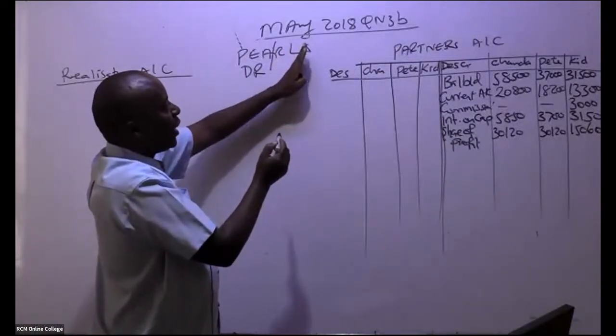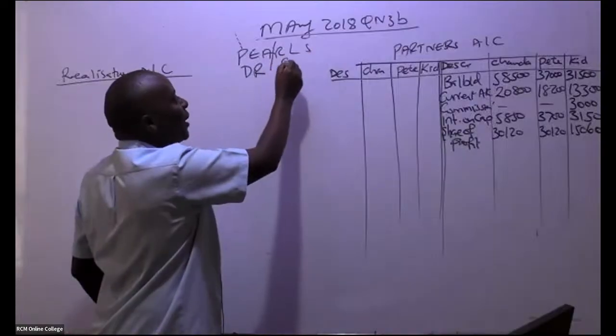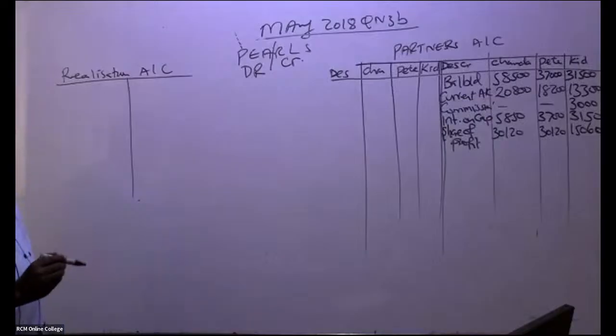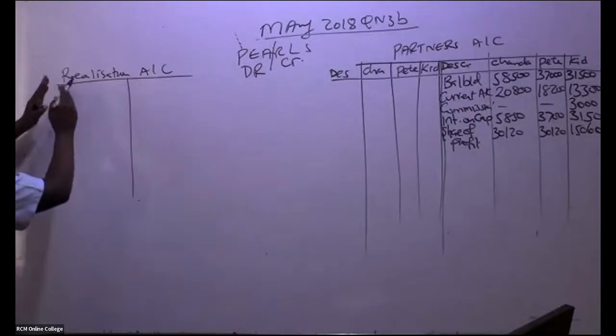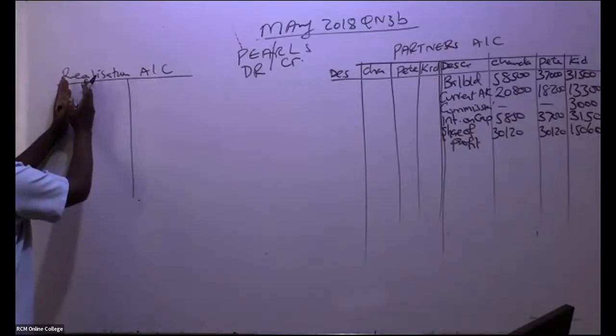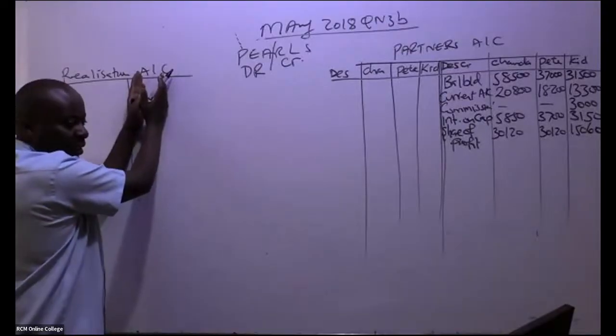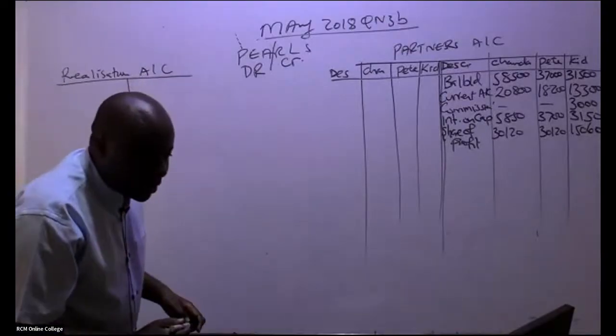The 3 shall always be credited. So remember, my good students, here basically you are going to debit this account with all assets. In this case here, I'll be explaining which assets. Then you credit with liabilities.